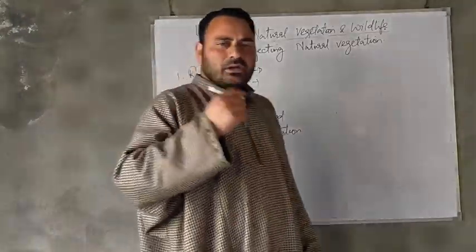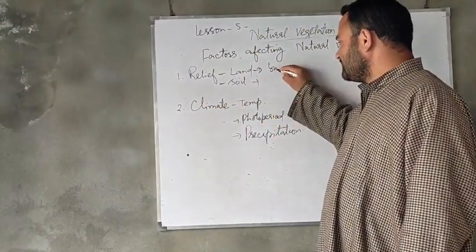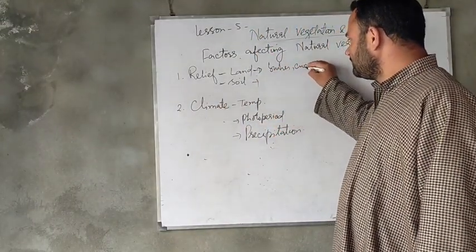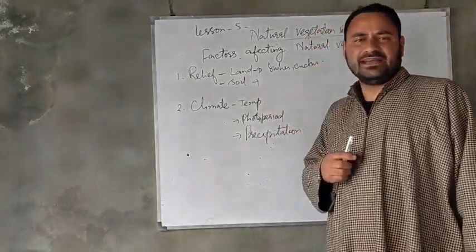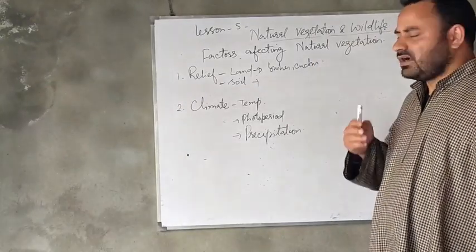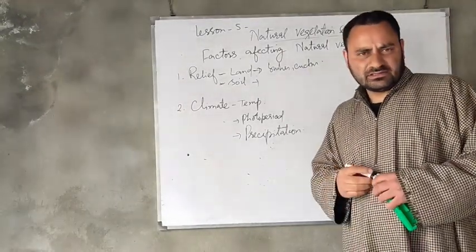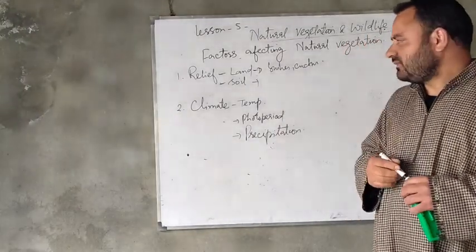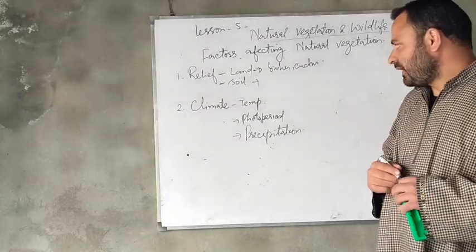Deserts are suitable for growth of bushes and cactus. Similarly, plateaus or undulating lands support grasslands. And mountains are suitable for the growth of forests or conical trees.